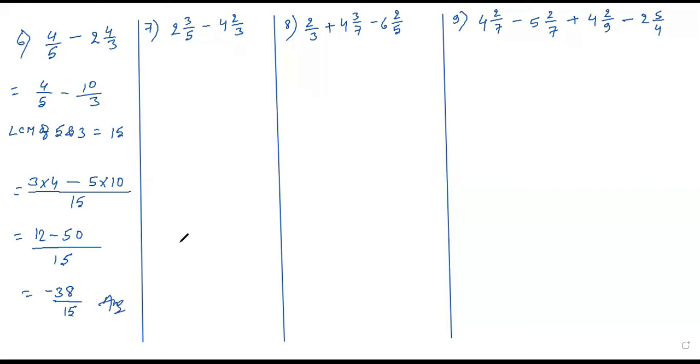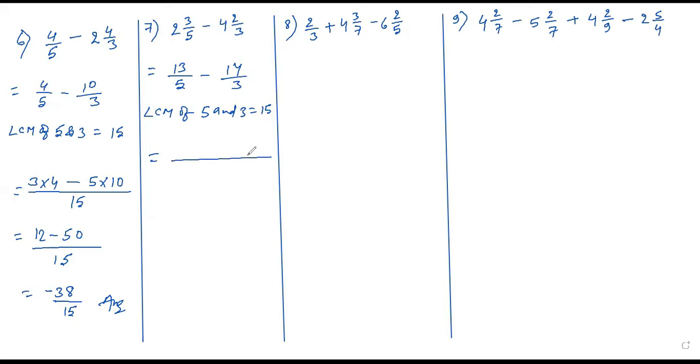Any doubt here? No, sir. Now both values are in mixed fraction, so convert them into simplest fraction. 5 tens, 10 plus 3, 13 by 5, minus 3 fours are 12 plus 2, 14 by 3. Again the denominators are different, so we have to take the LCM. The LCM of 5 and 3 is 15. Again plot the line.